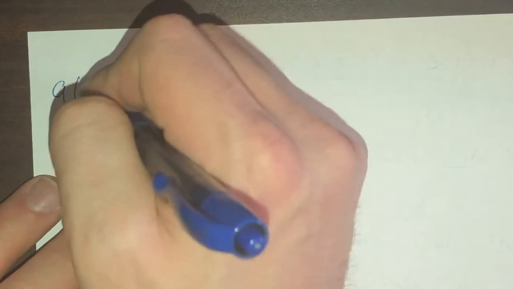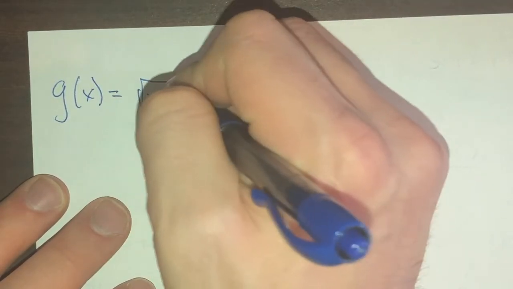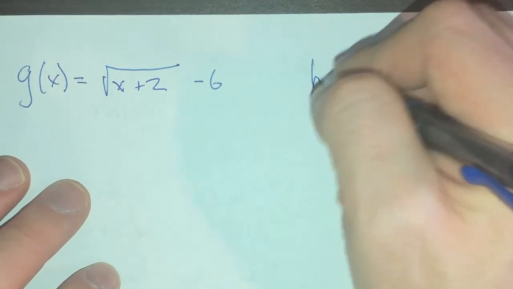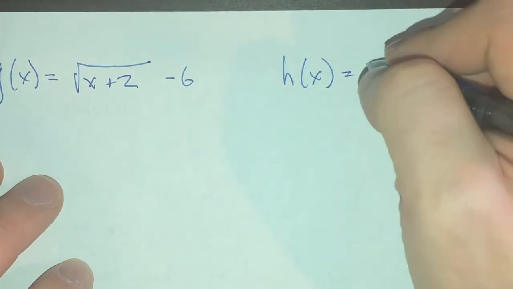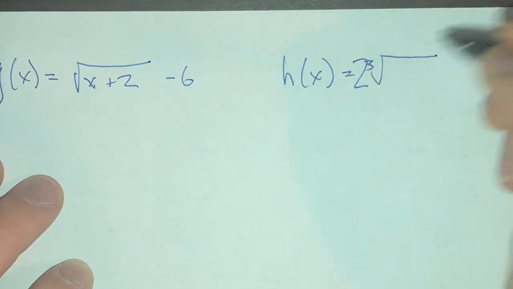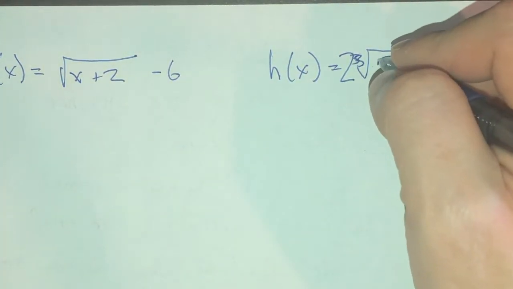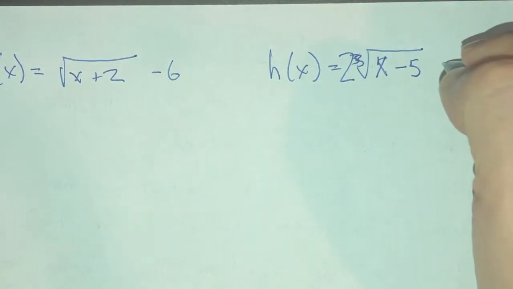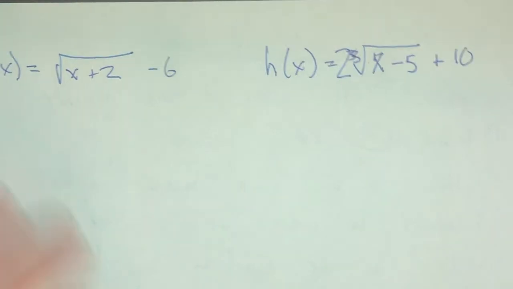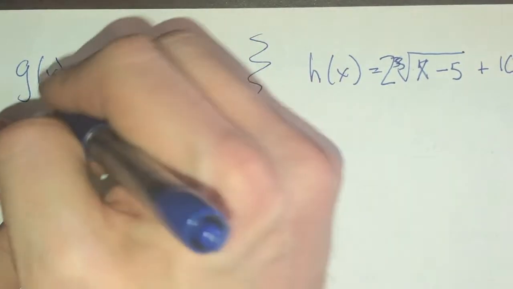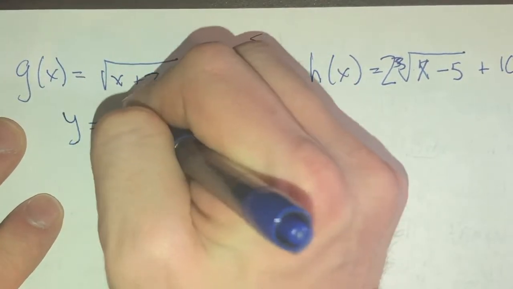All right. So I'm going to show you a couple things. Let's just show you a couple roots. So I want g of x equals the square root of x plus 2, minus 6. Over here, I'm going to do the cube root. How about 2 times the cube root of, I don't know, x minus 5, plus 10. So let's find their inverses. The first step is we're going to write them as y equals.